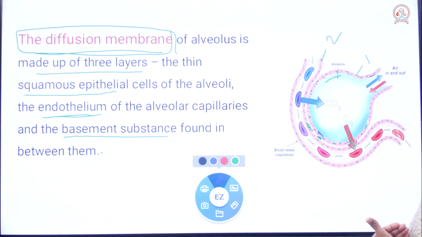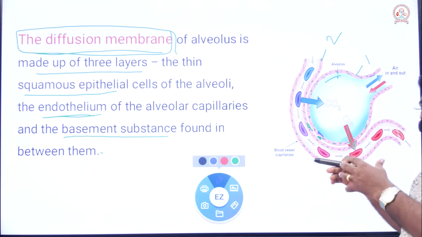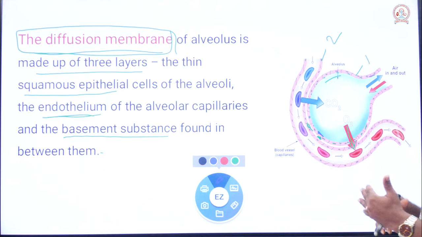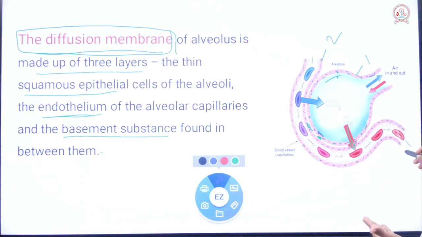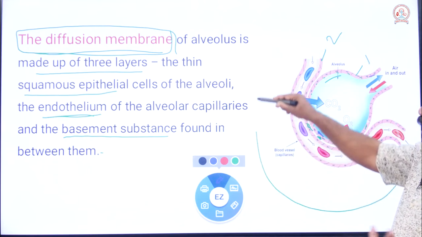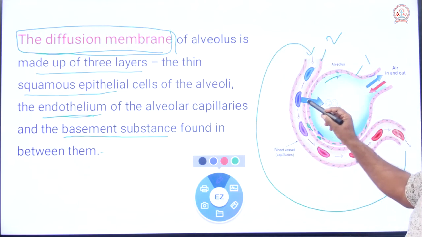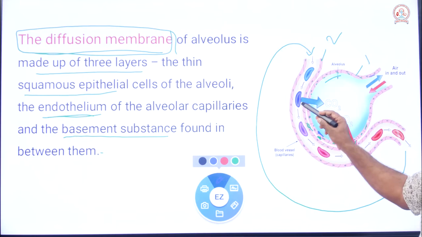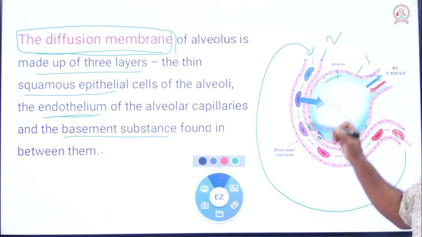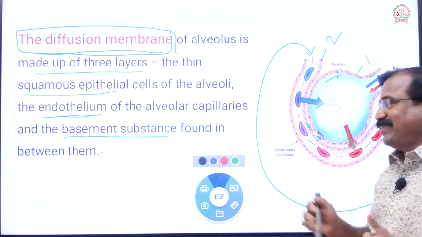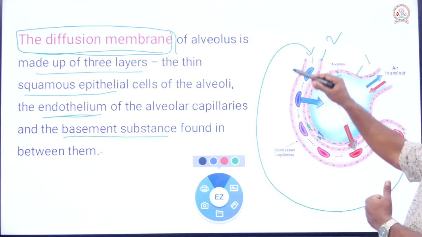Then it is transported to the tissues, where oxidation takes place, and because of the metabolism, carbon dioxide is generated. On the return, the blood carries the carbon dioxide. This is arterial blood and this is venous blood.